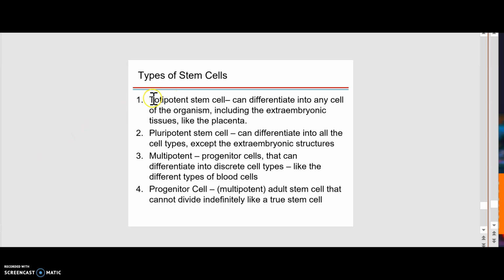So a totipotential stem cell can differentiate into any cell of the organism, including the extraembryonic tissues like the placenta, the allantois, the yolk cell, all those things. A pluripotential stem cell can differentiate into all the cell types of the body itself, but not the extraembryonic structures.